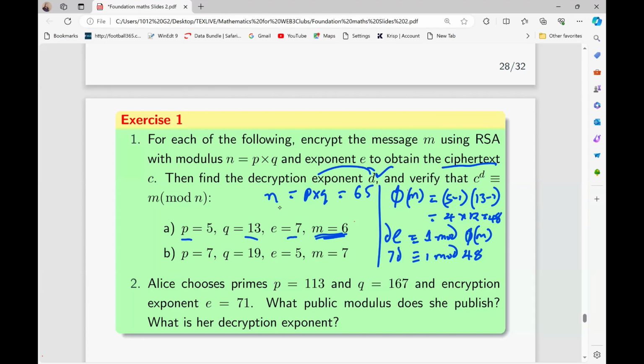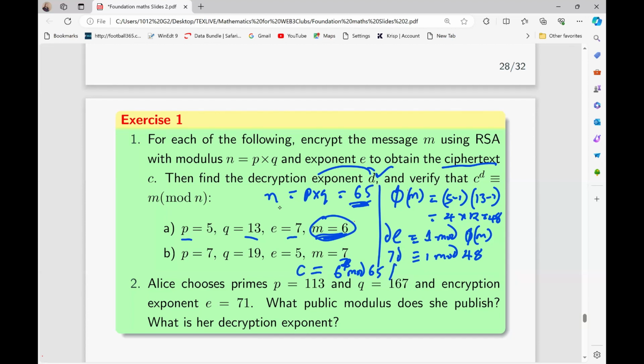We have our message, which is 6. Raise 6 to E. Our E is 7. Mod N, which is 65. So 6 raised to 7 mod 65. Get what that is. So this is our ciphertext.